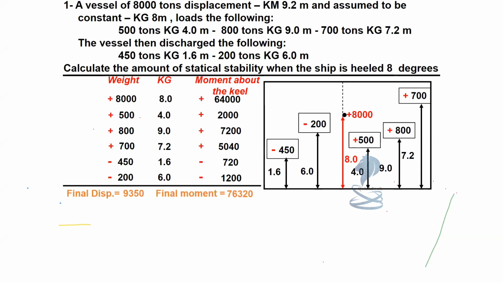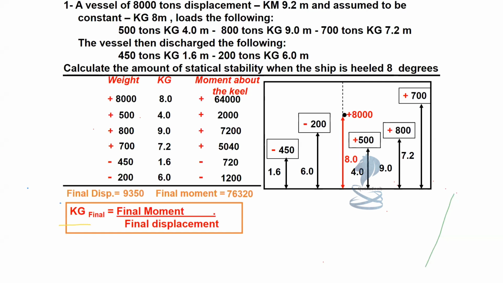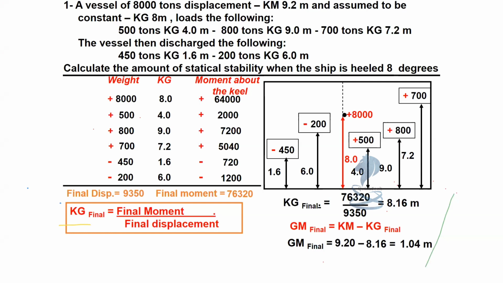So now let's calculate KG final with the formula final moment divided by final displacement, that is 76320 divided by 9350 is equal to 8.16 meters. That is, GM final is equal to KM minus KG final. Hence we have GM final is equal to 9.20 minus 8.16 equals 1.04 meters.